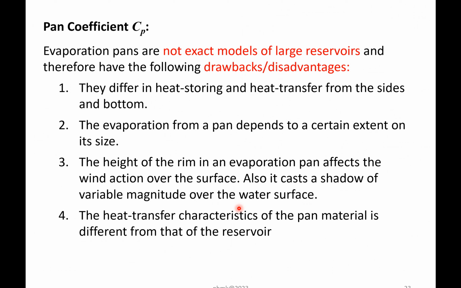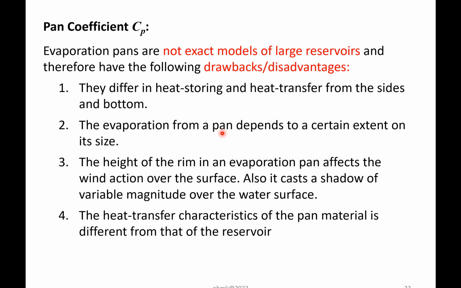When talking about evaporation pans, it is not an exact model of a large reservoir or lake, so it has some drawbacks. They differ in heat storing and heat transfer from the sides and bottom, because obviously the pans are made of metal.